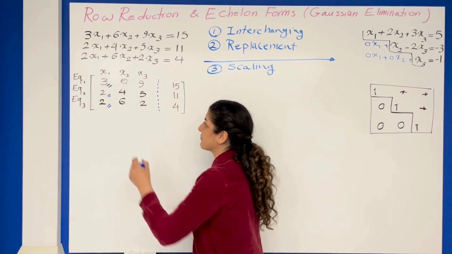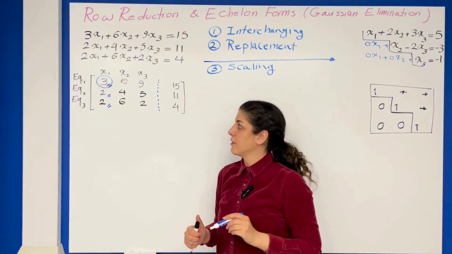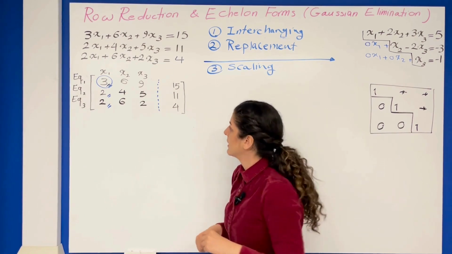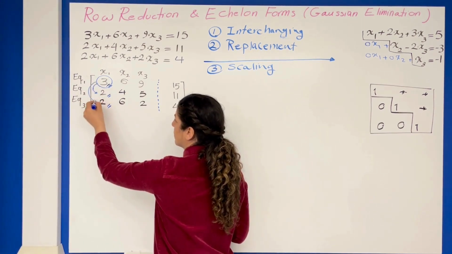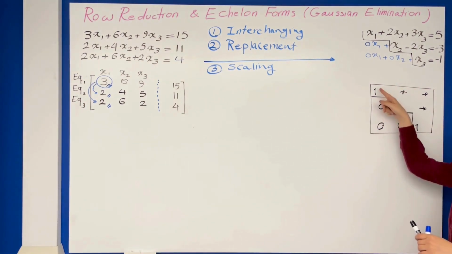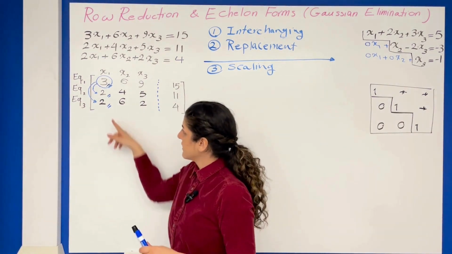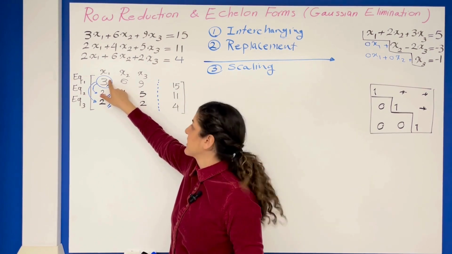And I'm going to pick the first non-zero entry of that row, which is called the leading entry of that row. And I'm going to use this to make these two be 0, right? I want to end up with something like this, right? The first column to be 1, 0, 0. So to make it easier, I'm going to make this a 1, or in other words, I'm going to scale this one.